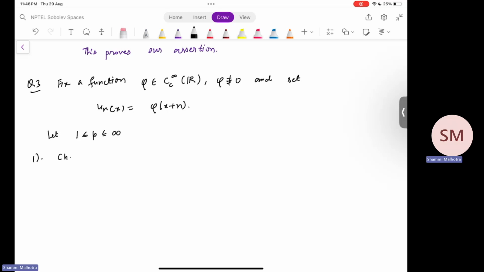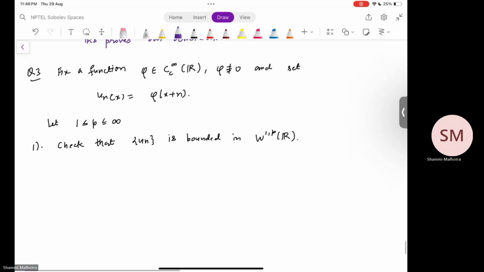First, check that u_n is bounded in W^{1,p}(R). So that's our first step, where we would like to show that this sequence is actually a bounded sequence.